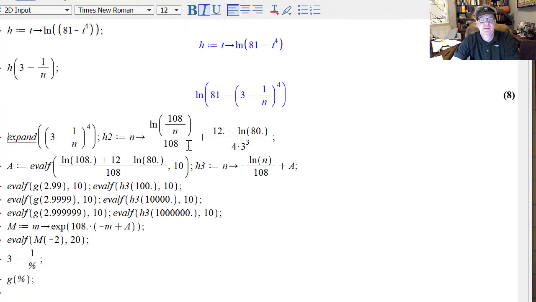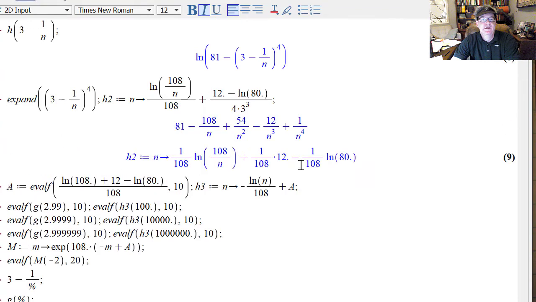So if you're going to keep these first two, then of course 81 minus this gives me just this, positive, right? So at 81 right here, 81 minus this. So now I have that.